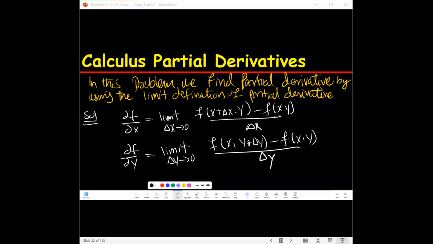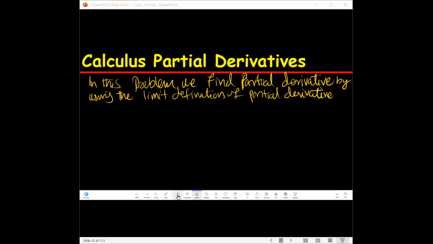If I want to solve a problem with this method, how can I do that? Okay, let's take a look at another problem. So here the problem is given, fairly simple.